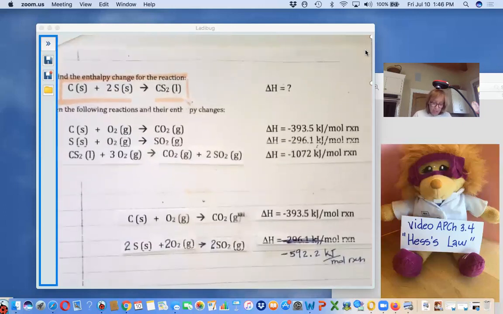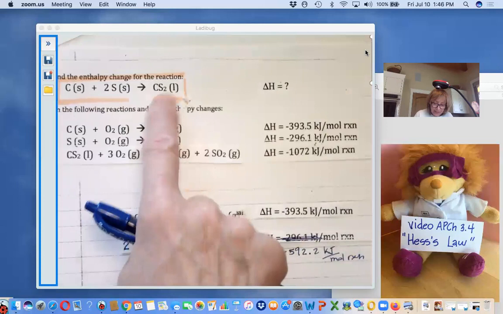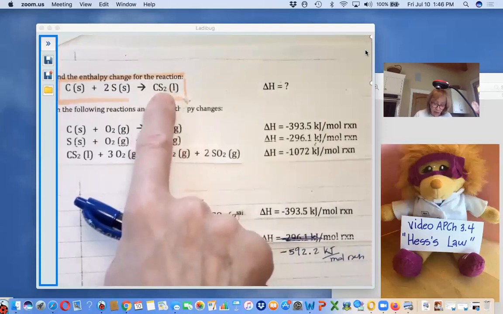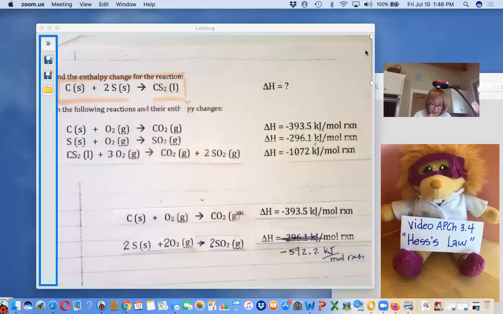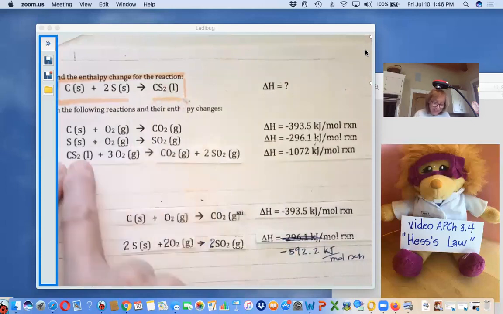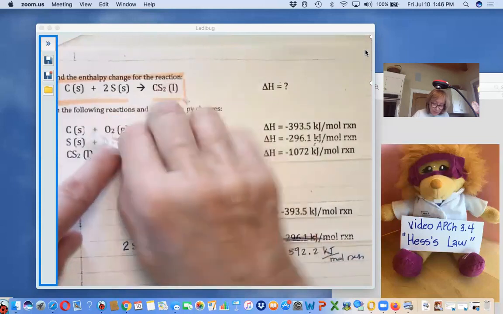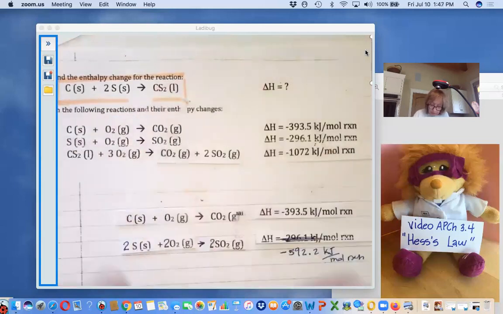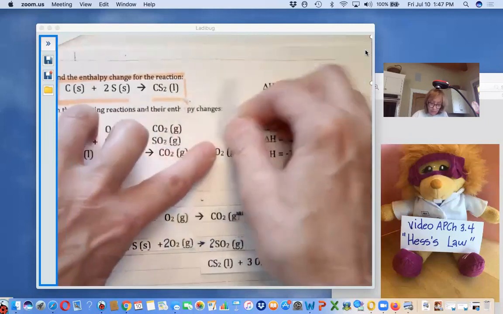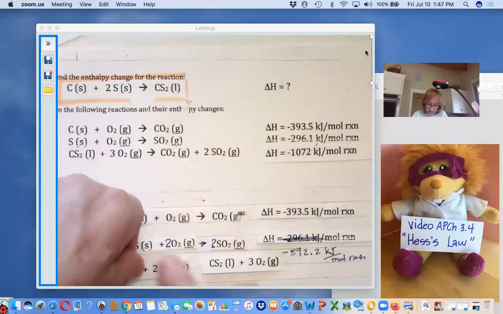Okay. Looking back at the target, I know I need to end up with carbon disulfide on the product side, and the only place I see carbon disulfide is over here, and it's on the reactant side. So I'm going to take this equation and flip it around. Make reactants become products, and the products become reactants.